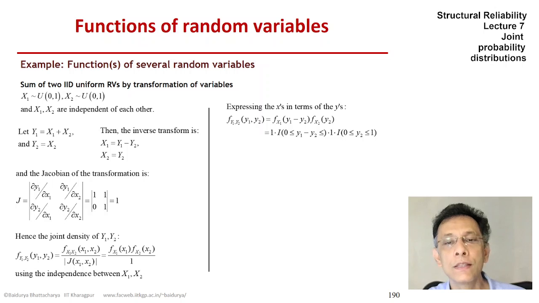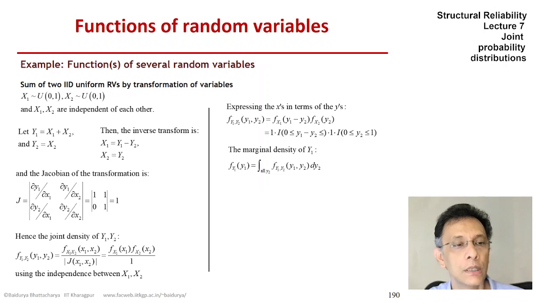So the marginal density of y1, which is what we need, we can get it simply by integrating out y2 from the joint density function. So that's what we do, and now we just need to make sure that the indicator functions are properly accounted for.